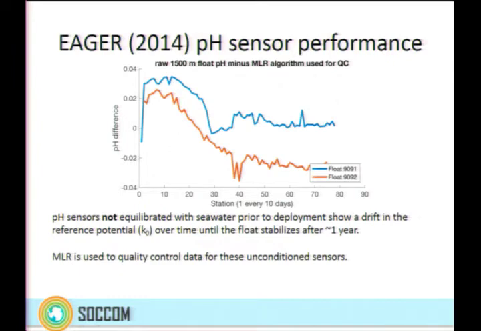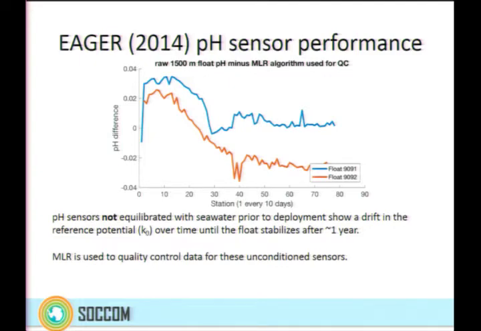And this is in contrast to some floats that were deployed in early 2014, the first floats. They had much larger offsets from the algorithm, and they also had some drift. So they took almost up to a year to stabilize out.